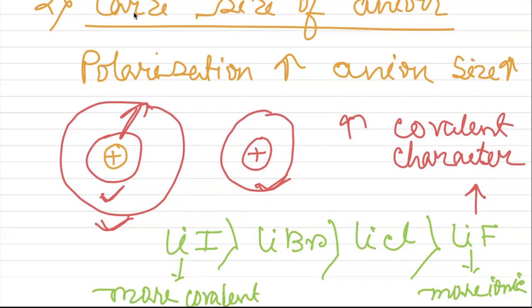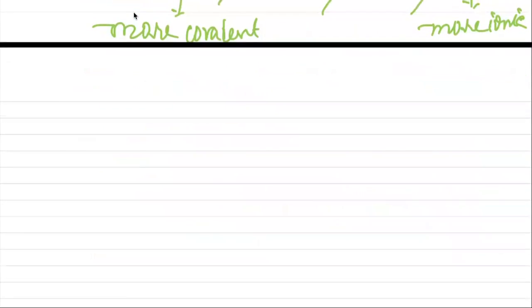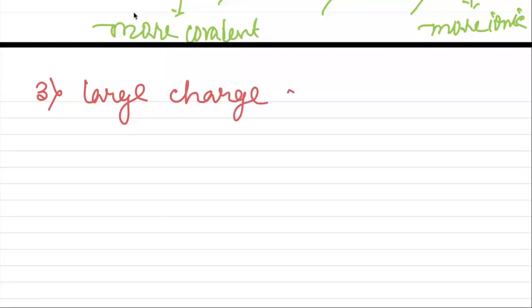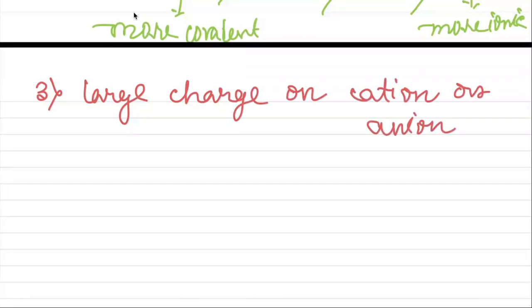Okay, now the next point is large charge on cation or anion.